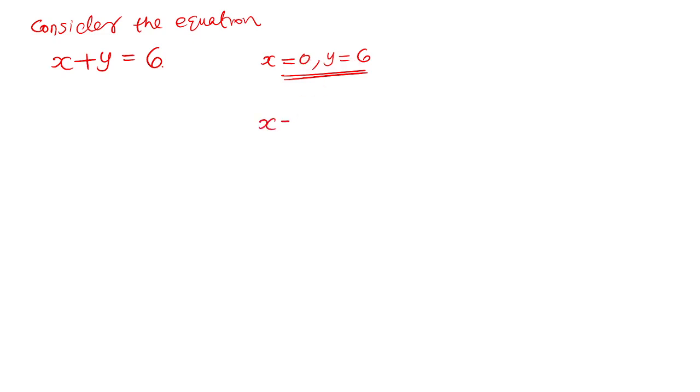If you put x equal to 1 and y equal to 5, it is also another solution. Why? 1 plus 5 equal to 6. So there are so many solutions, like this, etcetera.